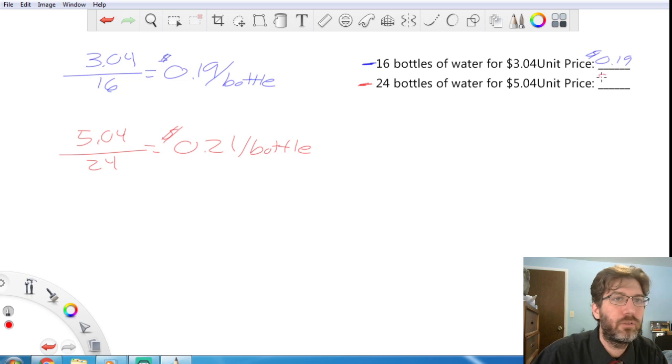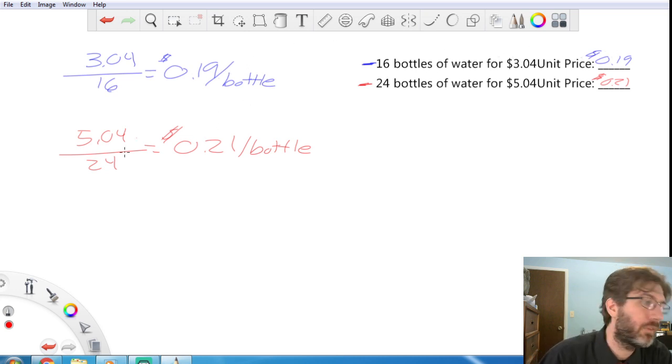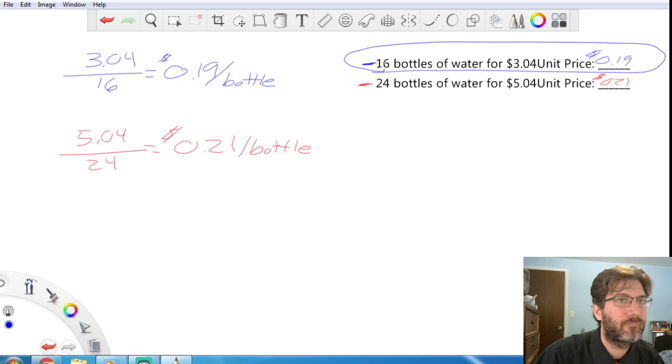So over here, your unit price is 0.21. And then you just compare it, which one is the better buy. You want to go with the smaller one. So this one here, that did not change my color. This one here is your better buy because it is the cheaper one.